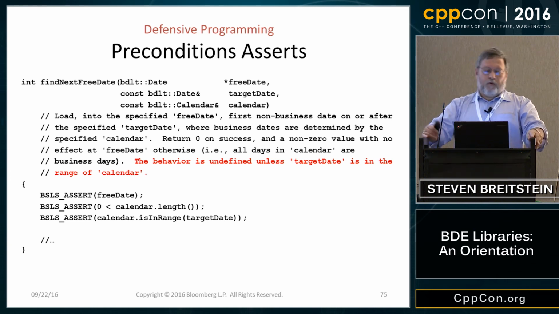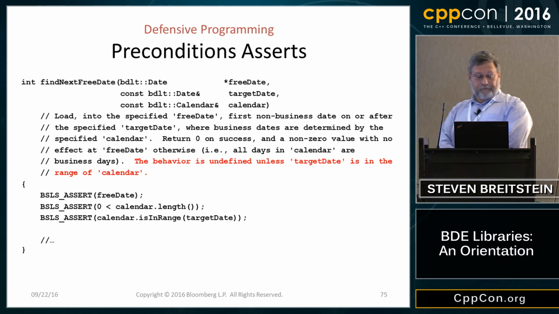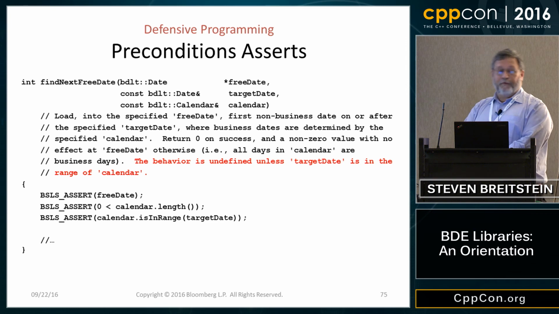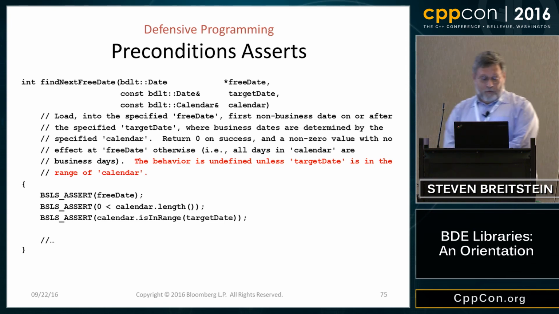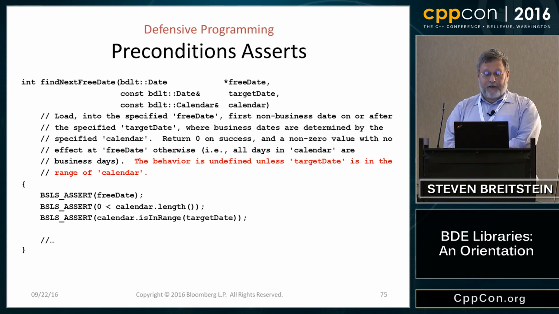What you'll find is that we will do a limited check on the validity of the date. We'll check to see whether it is 0 or not. It happens to be invalid to invoke is in range on the calendar object unless the range is greater than 0. So we first check to see it's okay to run the method, and then we check to see whether the target date is in range.